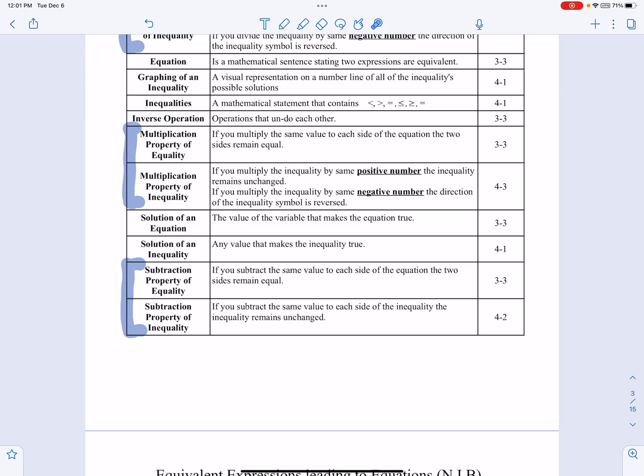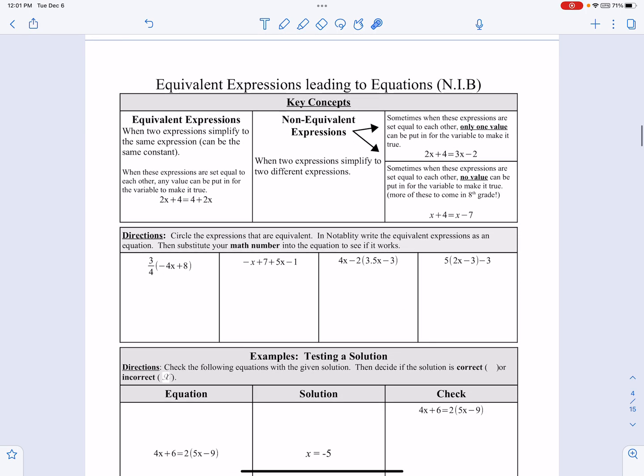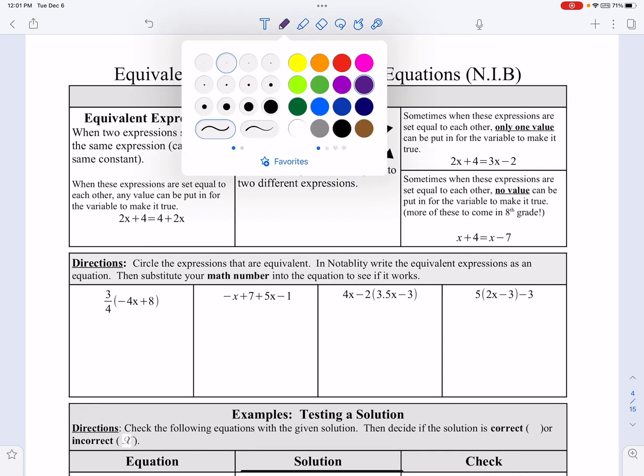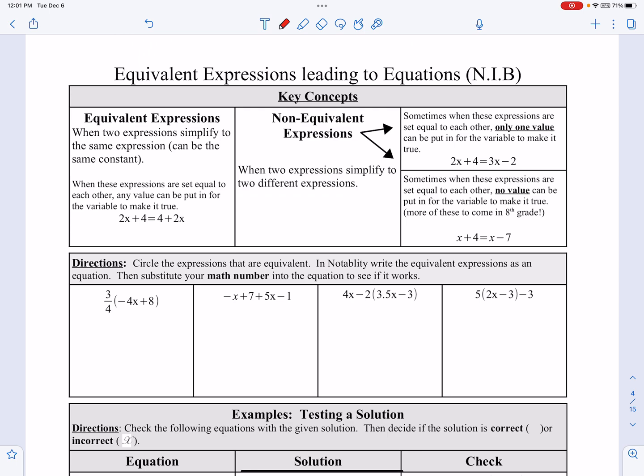All right, let's move to this first part. We're just going to talk about the top and then move ahead a little bit because we're going to be doing a lot of checks as we go. The big thing I want you to see is we have equivalent expressions, where we have two expressions that are set equal to each other, and we can substitute any value for x and it will remain true.